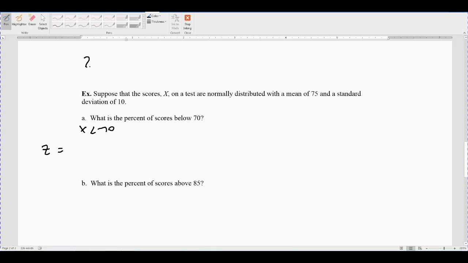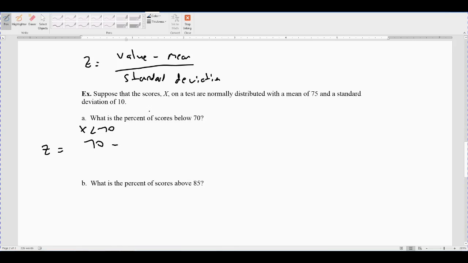I'm going to write it up here. It's the data value minus the mean divided by standard deviation. So we're going to take that x value, which is 70, and it's the less than, but we don't use that for the z-score.